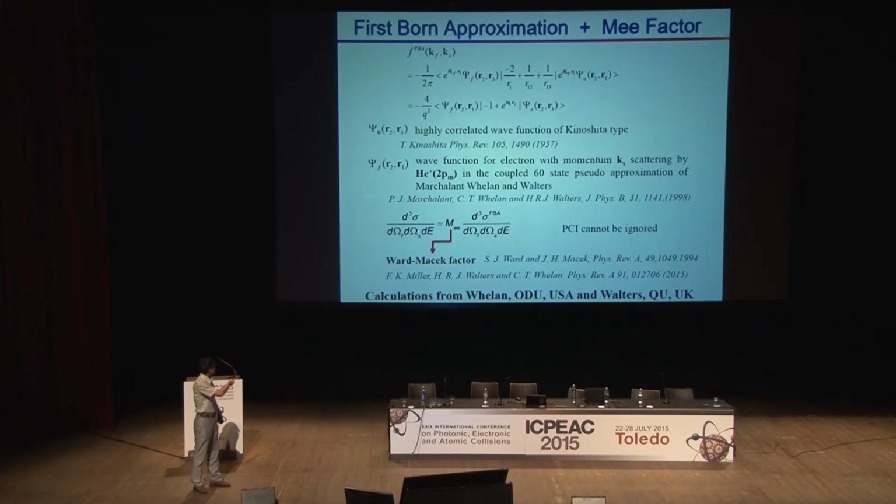After this, the calculation is modified by this factor called the Ward-Macek factor, because the post-collision interaction between the two electrons cannot be ignored here. This calculation is performed by Professor Whelan from ODU and Professor Walters from QUB.